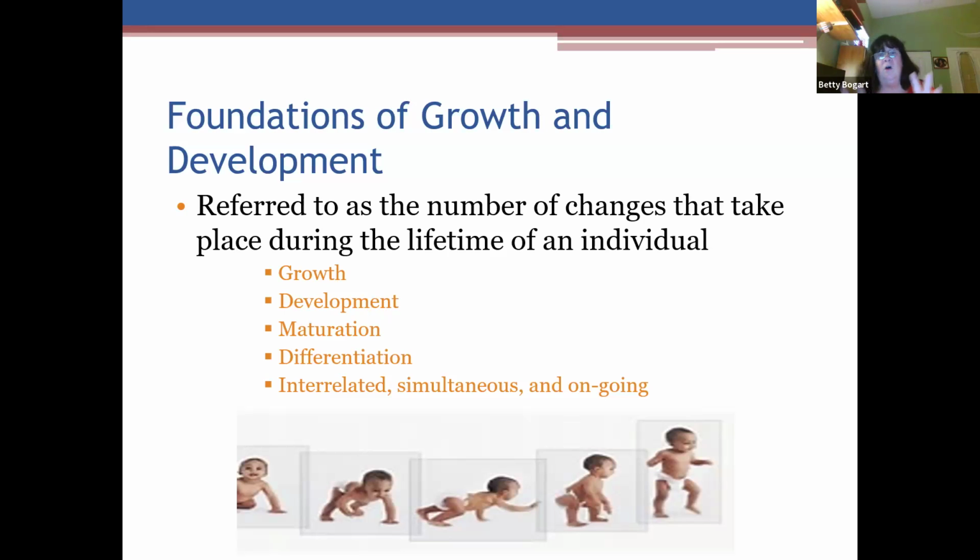It is this growth and development, it's interrelated, simultaneous, ongoing. There are gross motor skills that you're going to read about for next class, and there's fine motor skills. Remember, gross motor skills is G. Get up and go, go, go. It's movement.